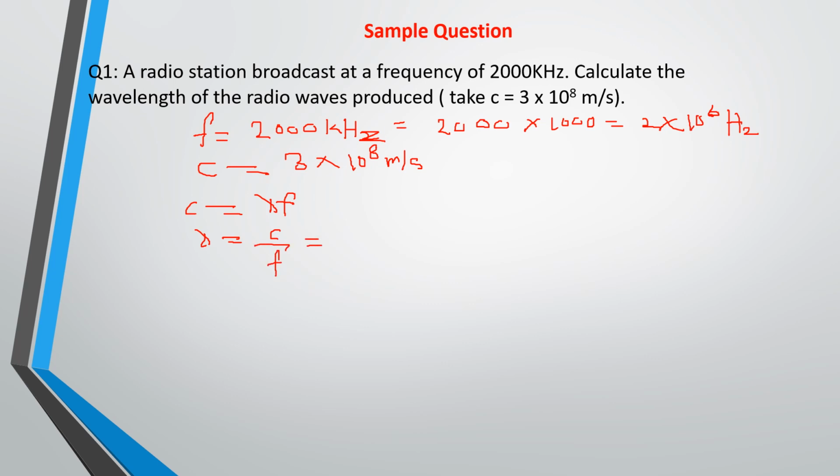So just substituting into this equation, you have 3 times 10 raised to power 8 meters per second, all over 2 times 10 raised to the power 6 hertz. Your answer will be in meters. Wavelength is measured in meters. So by the time you do this division, you are going to find that your wavelength is equal to 150 meters. So you can punch your calculator and get that.